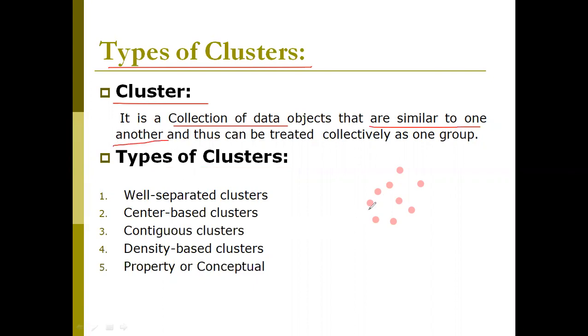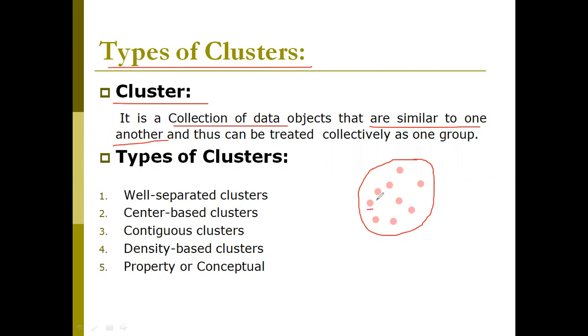If you observe each and every data point, one data point is similar to another data point within this group. This group, taken collectively, is known as a cluster here. It is a collection of data objects that are similar to one another.